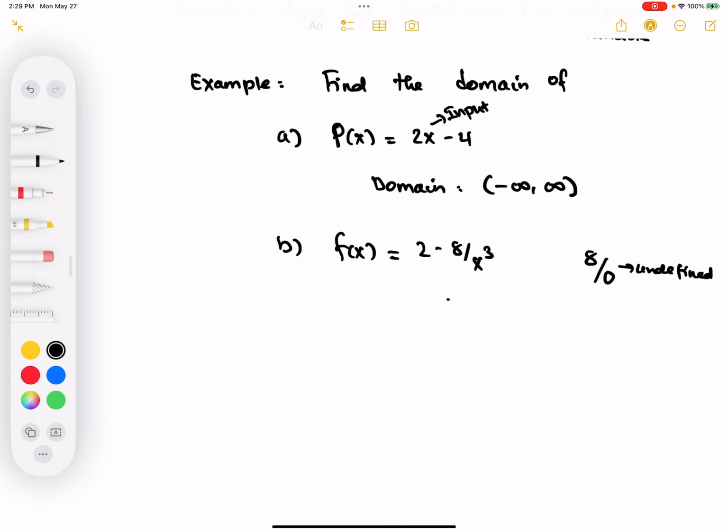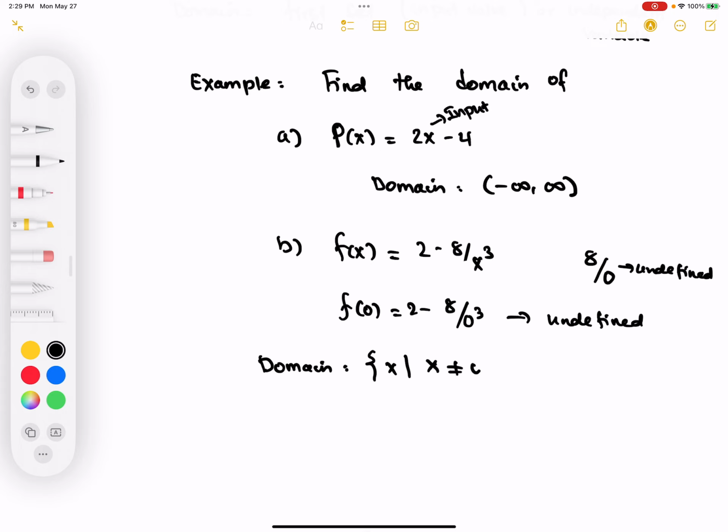If you just plug in 0, for example, for this function, f of 0 is 2 minus 8 over 0 cubed, which is undefined. You can't get a value. So the domain of this function is satisfied for all real numbers x such that x should be different from 0.